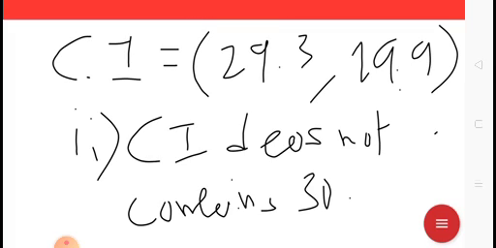If their claim is correct, we can accept the claim, and 30 must be in the interval. This interval does not contain 30, so the claim is not supported, right? So you can say the manufacturer's claim is not supported. So that is part 2.